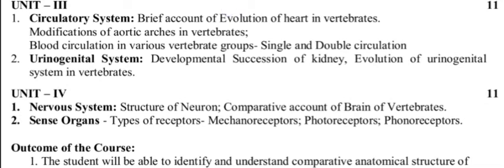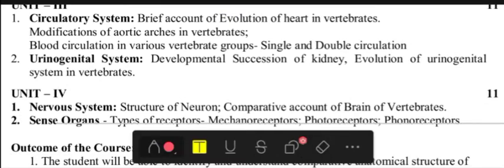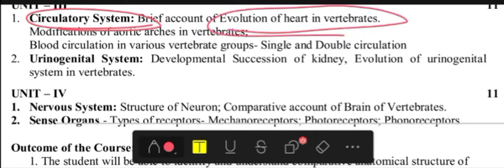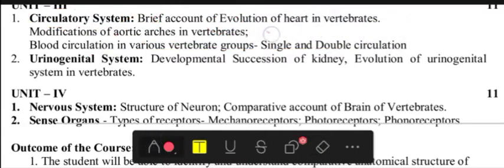The first point in your third unit is the circulatory system. So the circulatory system is also having a difference in that. So you have to learn about the evolution of heart, how the heart structure changed as the vertebrates kept evolving, and modifications of aortic arches you have to learn, and you have to see the circulation type in that.